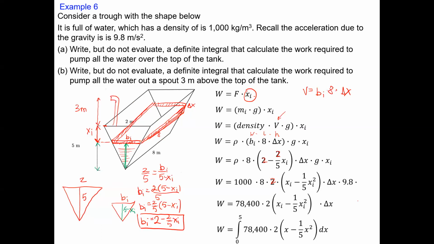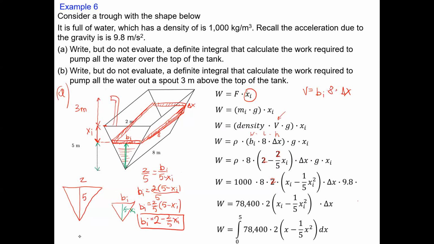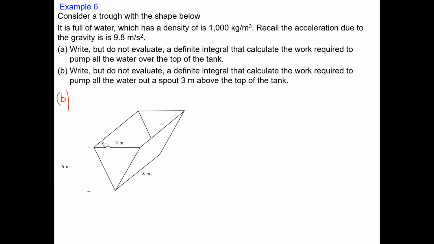That's it. I think I have it. Let's say part A, and let's say part B. Actually, let me remove this because this belongs to part B. It means now we will have a distance. The water will go 3 meters. This is the amount of water, right?